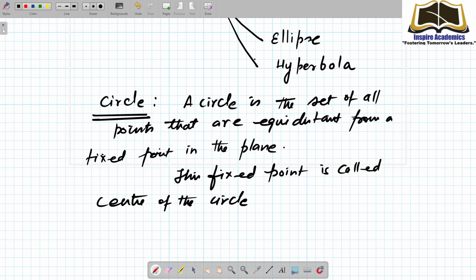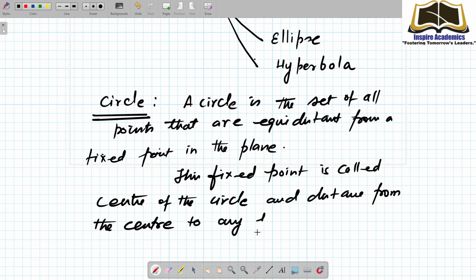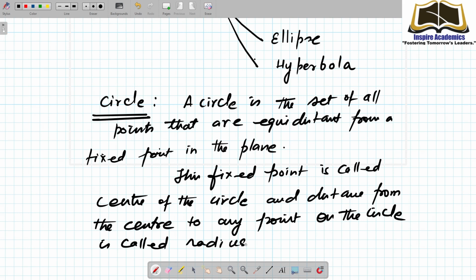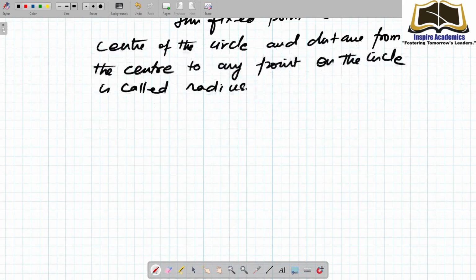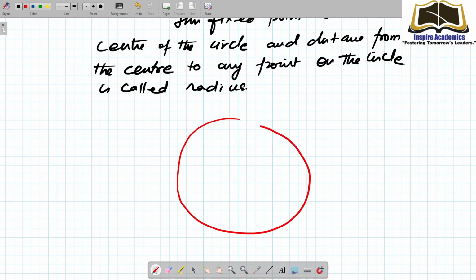And distance from the center, center to any point on the circle is called radius. Let us draw a figure of a circle.